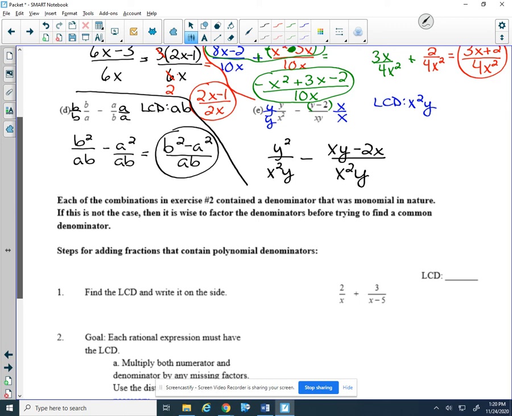We should notice here that we have to distribute that negative because there's a binomial in the second numerator. So we're going to make this addition, this subtraction, and that addition. So from here, I have y squared minus xy plus 2x all over x squared y. It looks very tempting to start to cancel some stuff, but I can see there's no factoring I can do in the numerator with that trinomial, so this one is done.